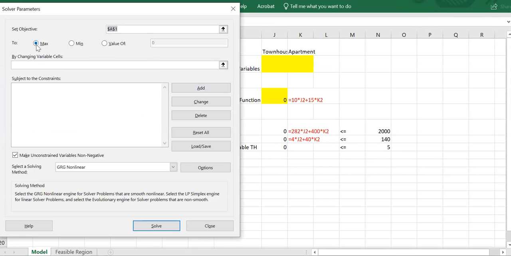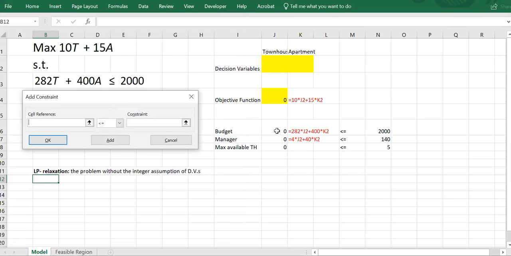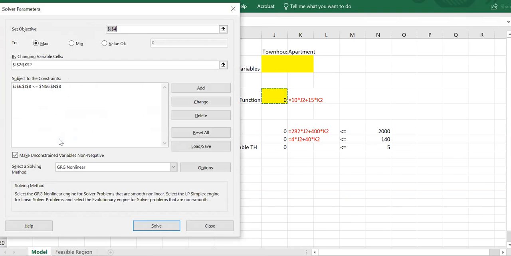We maximize the objective function, the cash flow, by changing these 2 decision variables, the number of townhouses and the number of apartments to be bought, subject to these 3 constraints, left-hand sides less than or equal to the right-hand side, and solving it through the simplex LP method.